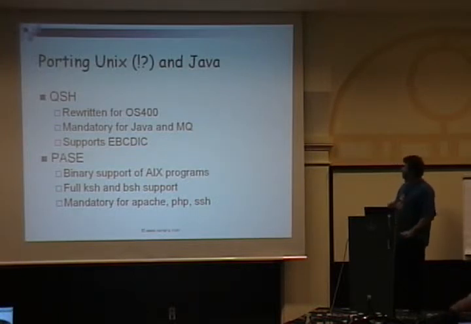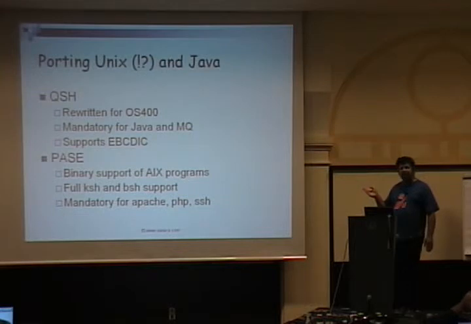And there is something which is called PASE or PACE, and what it does is support binaries of AIX programs. I can take any binary that was compiled on AIX on one platform, place it on a file system in a specific place on the AS400 and execute it on the AS400, okay?